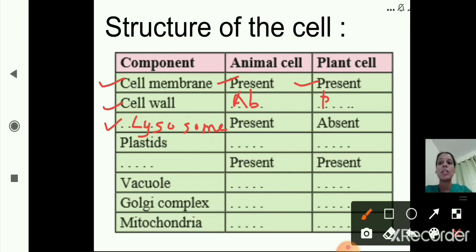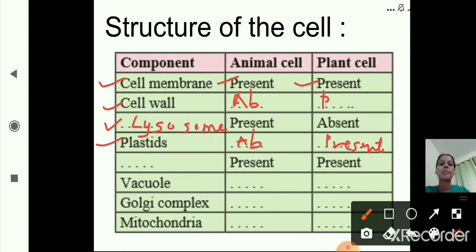Now the next one is plastids. Plastids we will identify, it is, yes, it is absent in animal cell but it is present in plant cell. So we have seen this in the structure of cell.